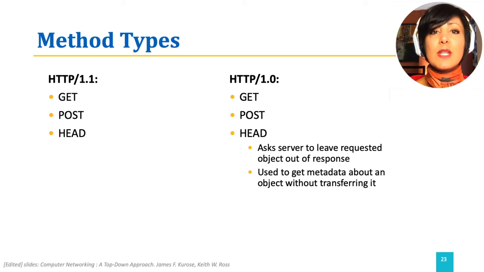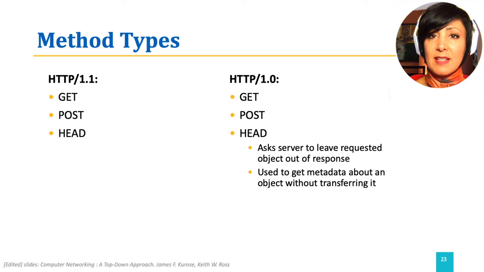GET is used when the client requests an object or sends a form, where parameters entered for that form could be incorporated into the URL. The POST method is used when the client is submitting a form. The entity body of the message in this case would include the information the user has entered into the form.